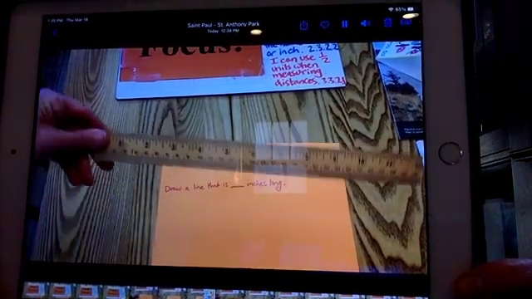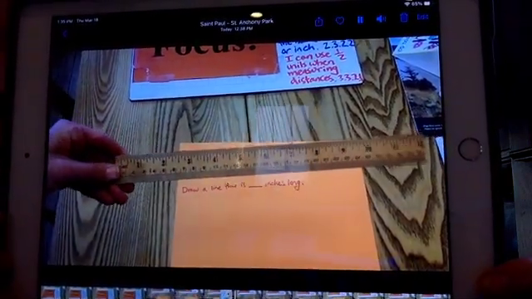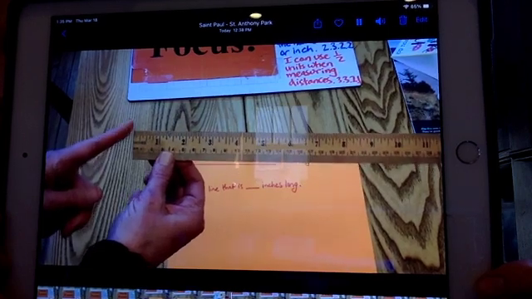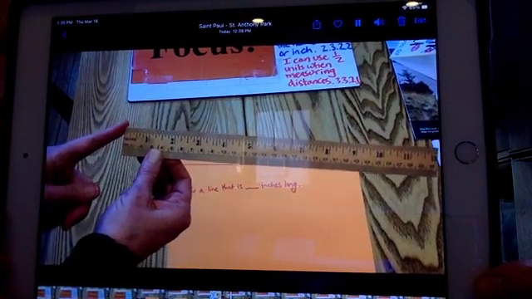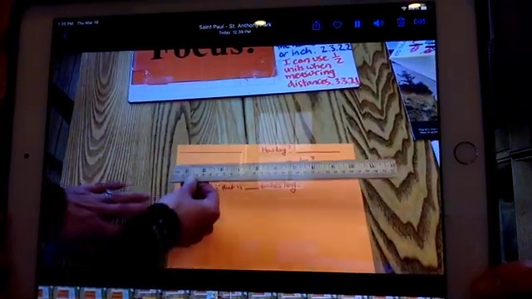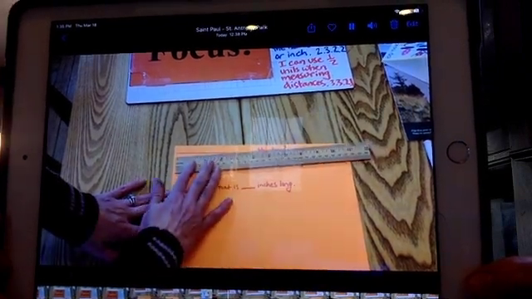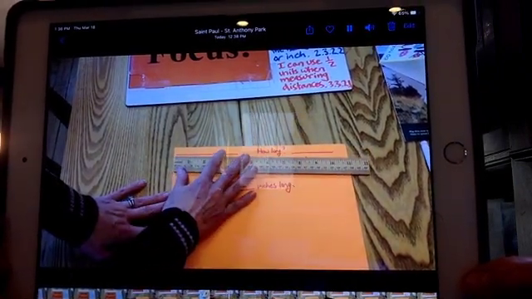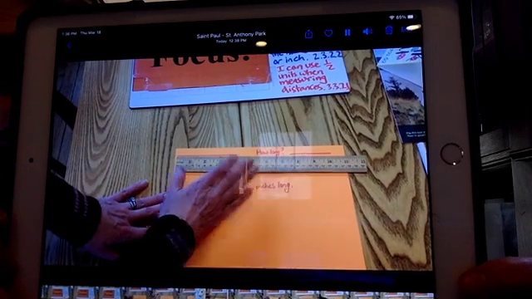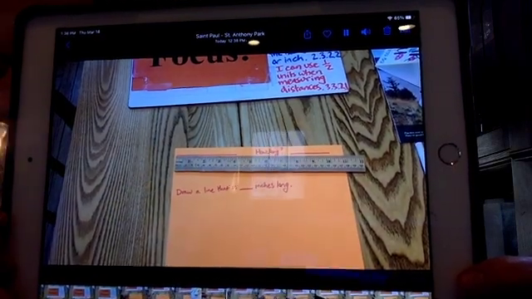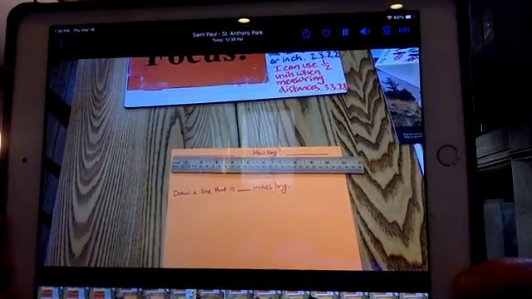So I'm going to take my ruler right here, and I'm going to make sure very carefully that I'm lining up the end of the ruler, the 0, with the beginning of the line. So I'm going to put it right here, and then I am going to make sure that I can see the top of the line and see if I want to measure it to the nearest inch.